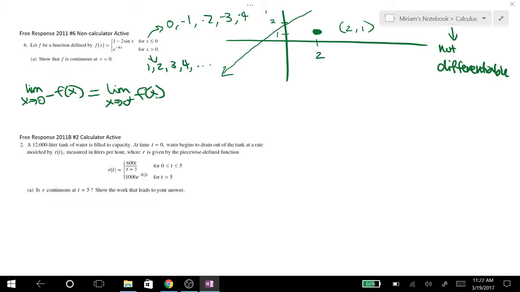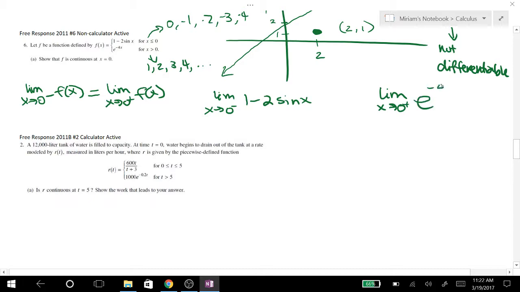So let's try it. I'm going to do the limit from the left of 0, and the function I'm using is 1 minus 2 sine of x. You can look above at my x values to see how I decided that. And then the limit on the right of e to the negative 4x. All I got to do is plug in 0. 1 minus 2 sine of 0.